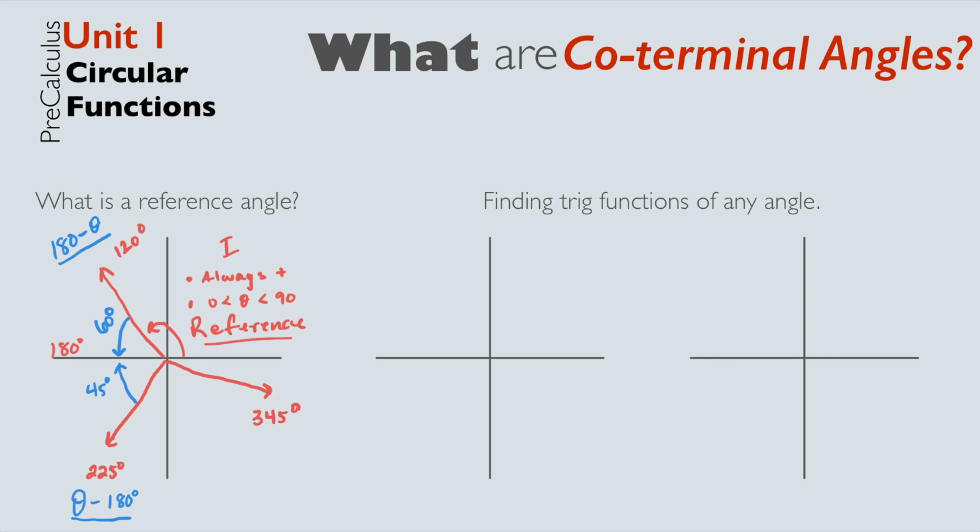Now this one's not a very nice one. I can't do a whole lot with this, but just for practicing, I don't want you to think that reference angles are only 45, 30, or 60. It could be anything. It could be a decimal even. But let's just talk about the reference angle. We want to know, what is this little tiny reference angle right here? Notice I drew every single angle to the horizontal x-axis. I didn't draw vertical lines.